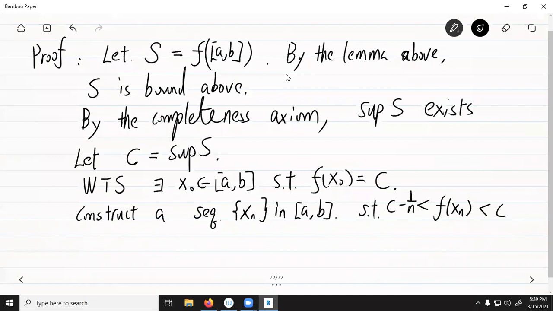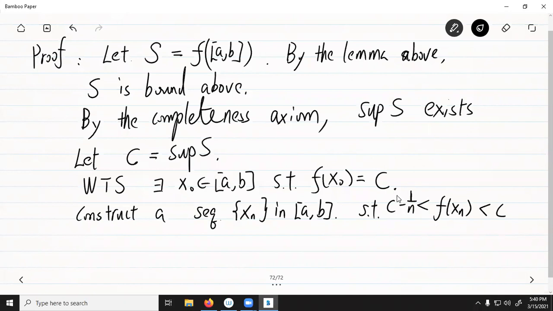The reason is still the same reason. It's the supremum. What's the meaning of the supremum? Supremum means the least upper bound. If you subtract a little number, it will not be an upper bound anymore. So you must have some Xn which is greater than this number.